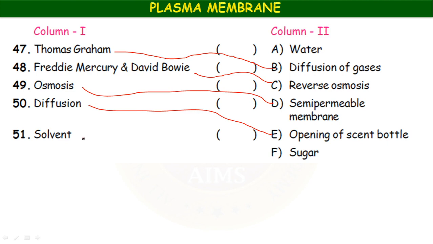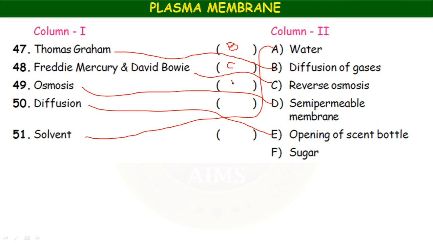Next, solvent. So here from the options given here, water acts as a solvent. So Thomas Graham, he introduced the diffusion of gases. Frederick Mercury and David Bowie, reverse osmosis.